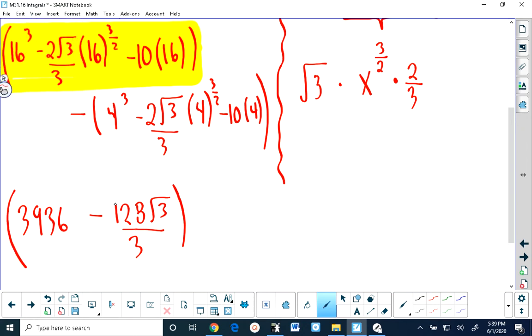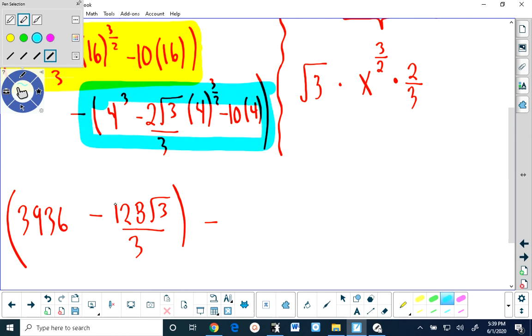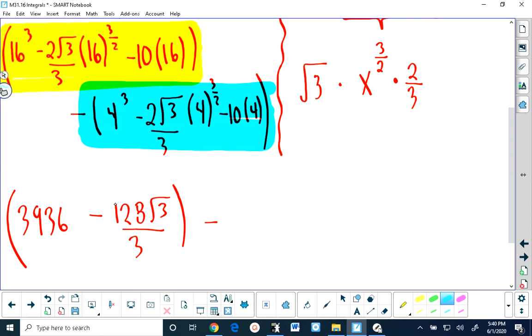Now I'm going to do the same thing with the second part. So I'm going to highlight the second part now. What I'm talking about calculating now is this piece. So I'm going to do the same kind of thing. I'm going to take 4 cubed minus 4 times 10.